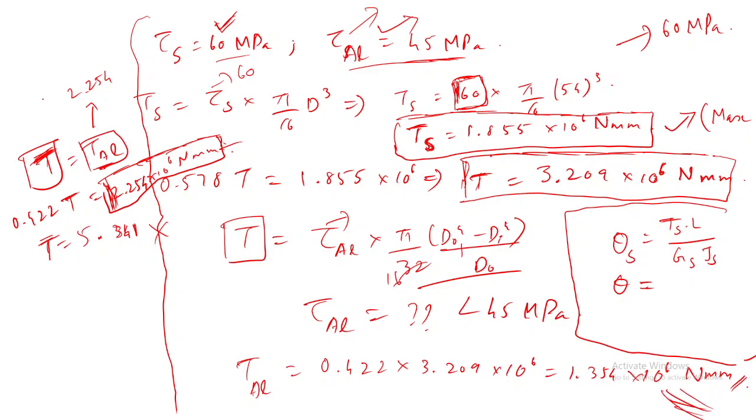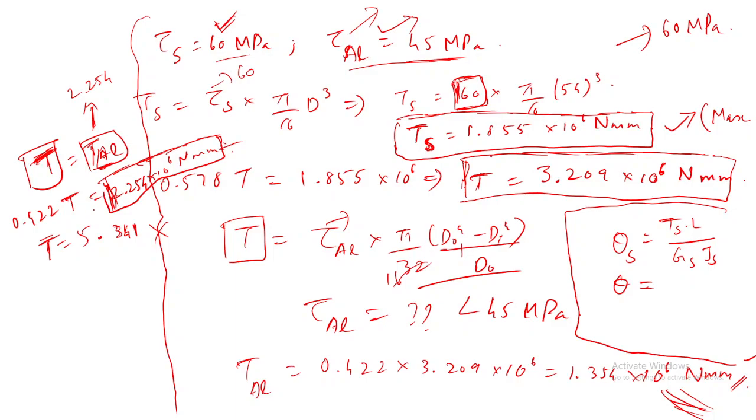For example, that's what I have told you before. I have solved first for the steel section, but if you take the aluminum section and solve, then you will get T aluminum, the torque sustained by the aluminum section, equal to 2.254 into 10 to the power of 6 Newton mm.